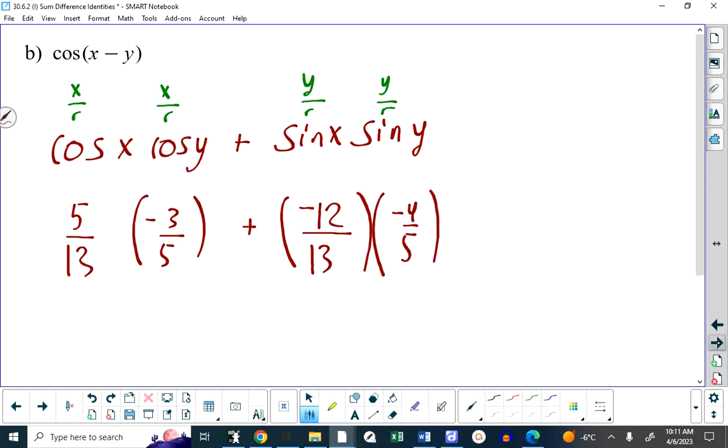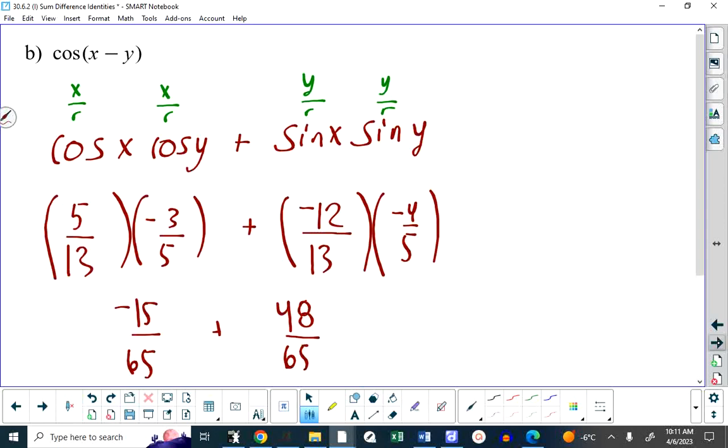Did I get that correct? Okay, so now it's just simplifying this. And you know, I know some of you want to just throw it into your calculator. Be careful, because you're dealing with fractions, so your entries need to be done properly. I'm going to just do it on paper. I get negative 15 over 65, plus I get 48 over 65.